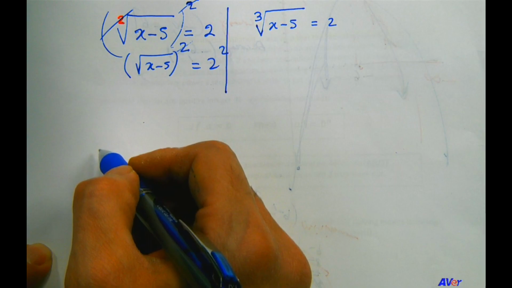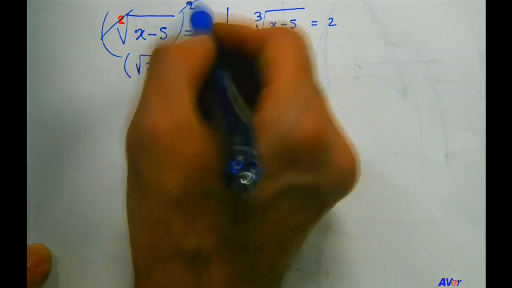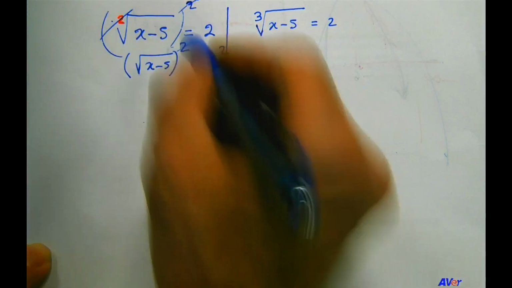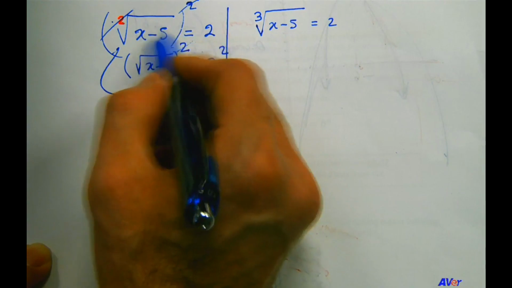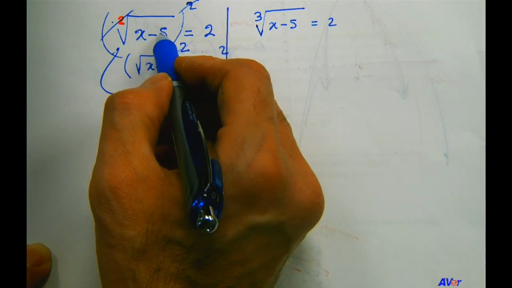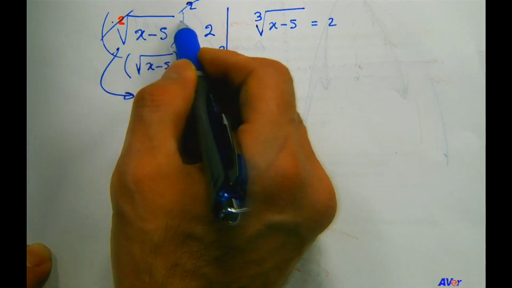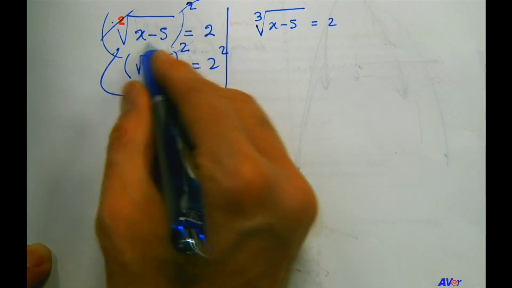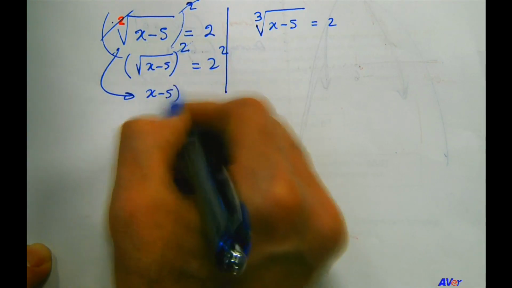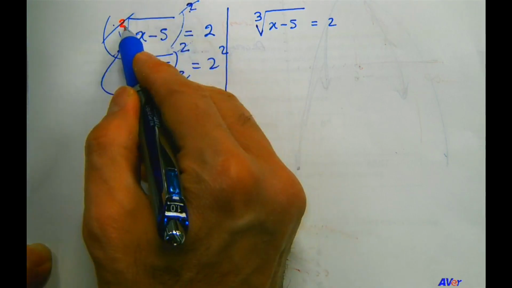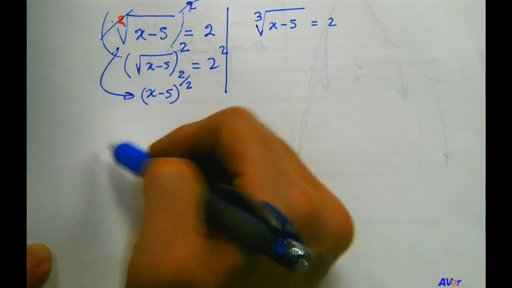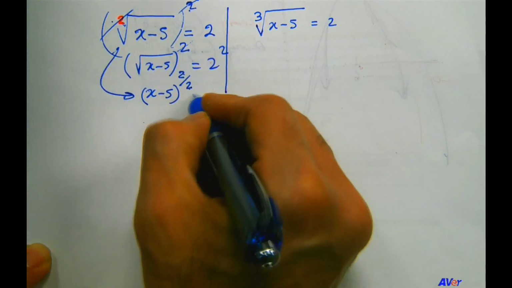That's why. And some of you might be wondering, how can that cancel this out? Well, remember that all radical expressions can be written in terms of a rational exponent. So we can write this like this: x minus 5 to the power 2 over 2. But 2 over 2 is 1.